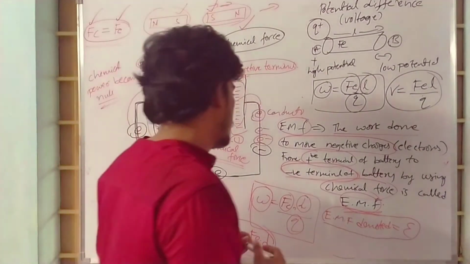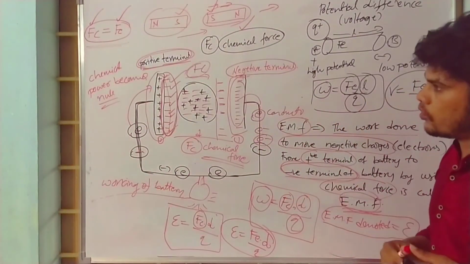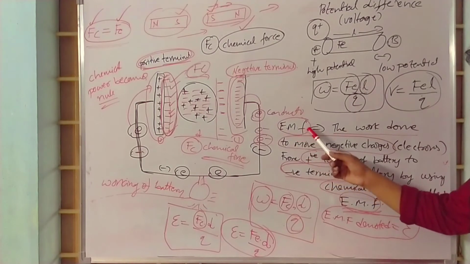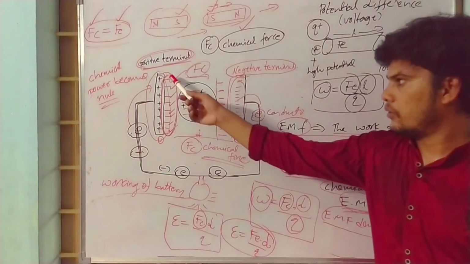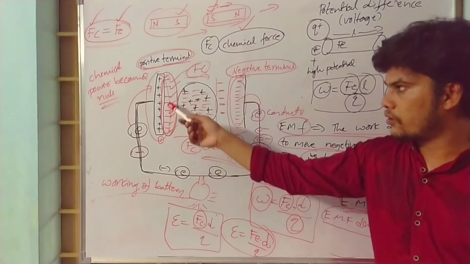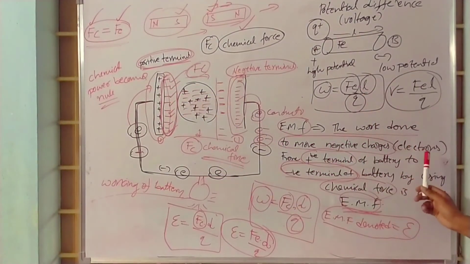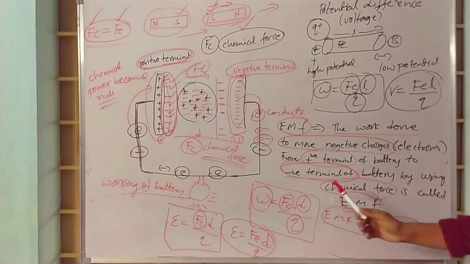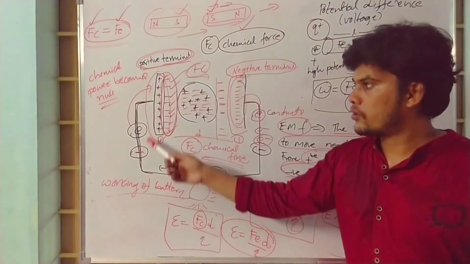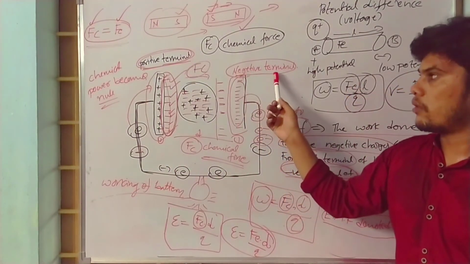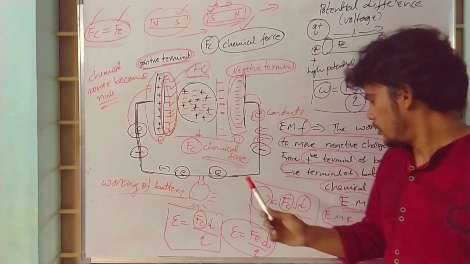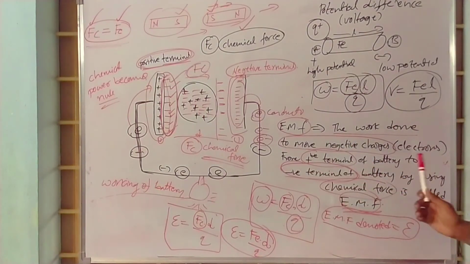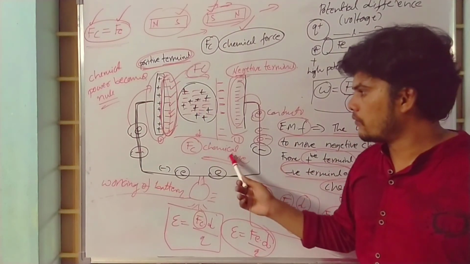Look at here. So how did we get the definition? Electromotive force means the work done to move negative charges, the red-colored negative charges, from the positive terminal of the battery to the negative terminal of the battery, by applying some force, a chemical force.